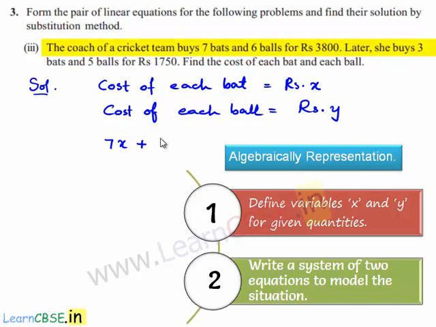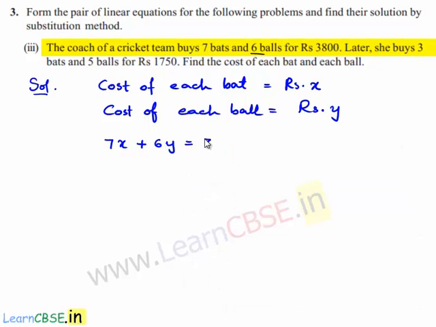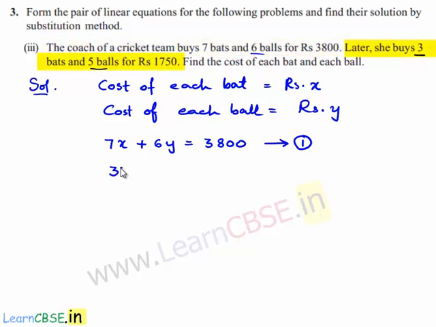So we can write 7x plus 6y is equal to 3800. Let this be equation number 1. And 3 bats and 5 balls. So we can write 3x plus 5y is equal to 1750. Let this be equation number 2.